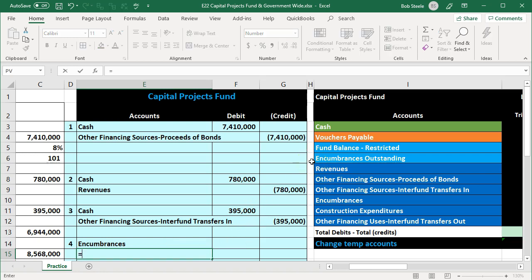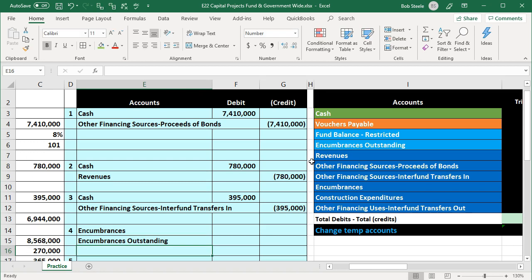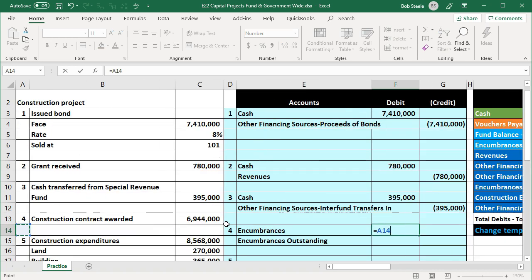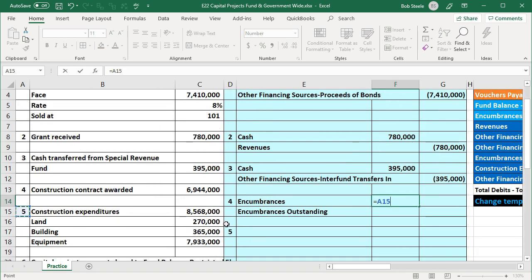So the equity section type of account is always going to be equal and opposite to the encumbrance income statement kind of type account. That would be equivalent to a for-profit, obviously fund balance type statement, and the related income statement or temporary type of accounts. And this is going to be equal to the amount of the contract awarded. There's going to be our debit and credit.